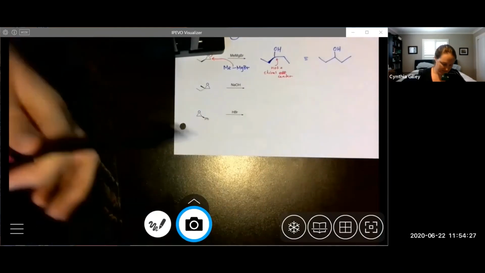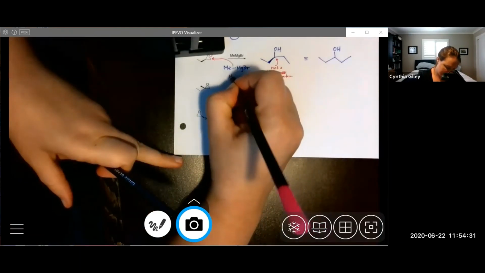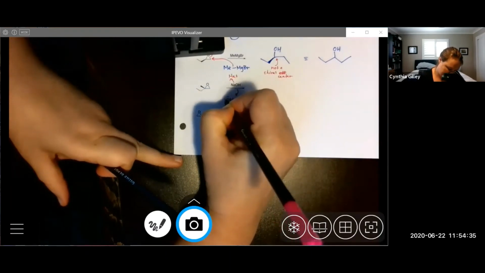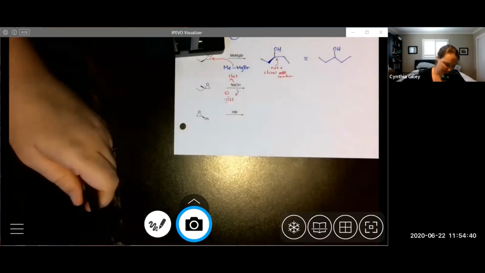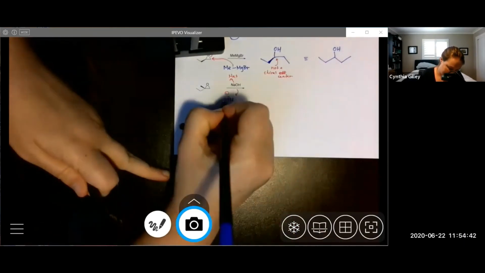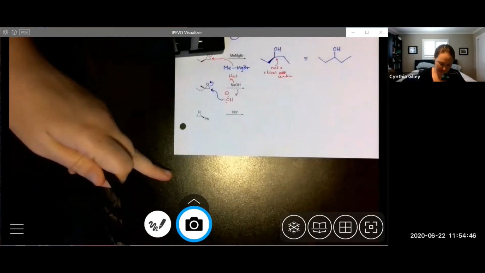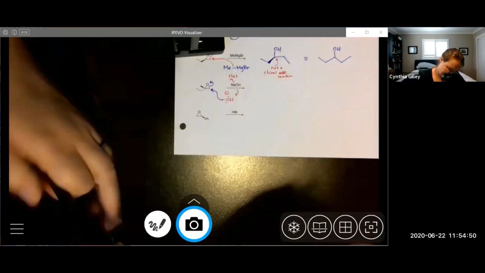Now we have sodium hydroxide. So this is Na plus and OH minus. And so that's a strong nucleophile, no acid. So it's again going to go for the less substituted carbon. And we're going to make sure to show stereochemistry.